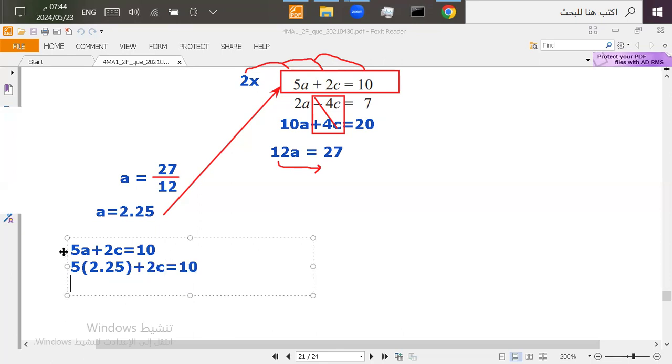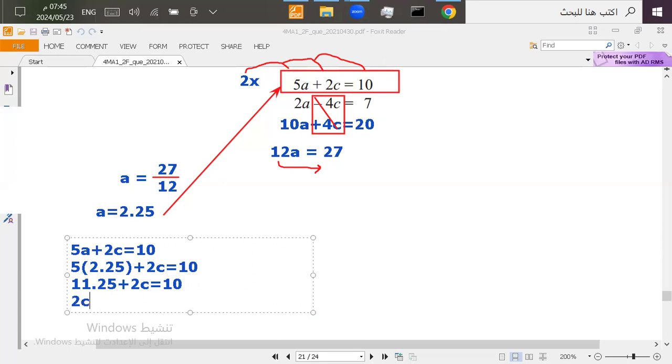Now, 5 times 2.25 is going to be 11.25. Plus 2c equals 10. Now, I'm going to take this 11.25 to the other side, and it's going to be subtracted.